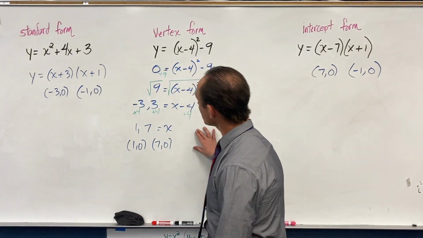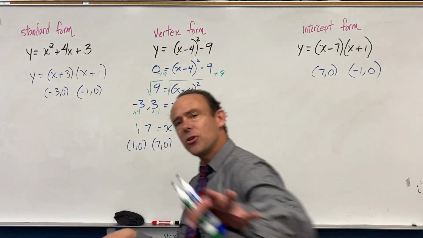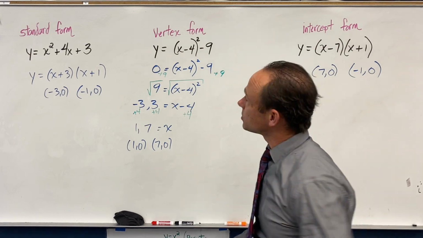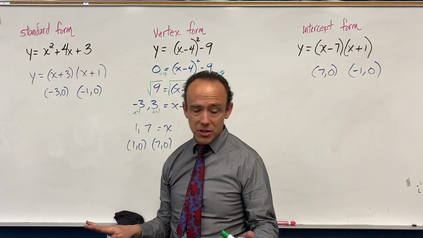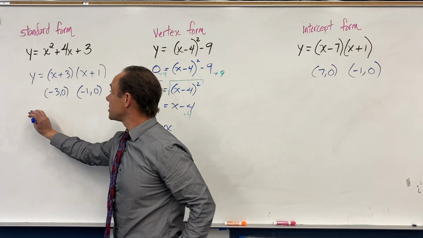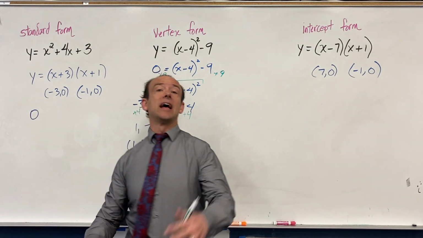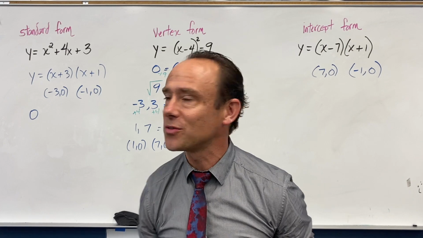Now, let's go back over to here. And maybe you don't know how to factor. Maybe it's not factorable. You don't have to do it. You can do it with the quadratic formula, or you can complete the square. You can follow this strategy and just say, here's what I'm going to do, teach. I'm going to set the damn thing equal to 0, and then I'm going to solve.